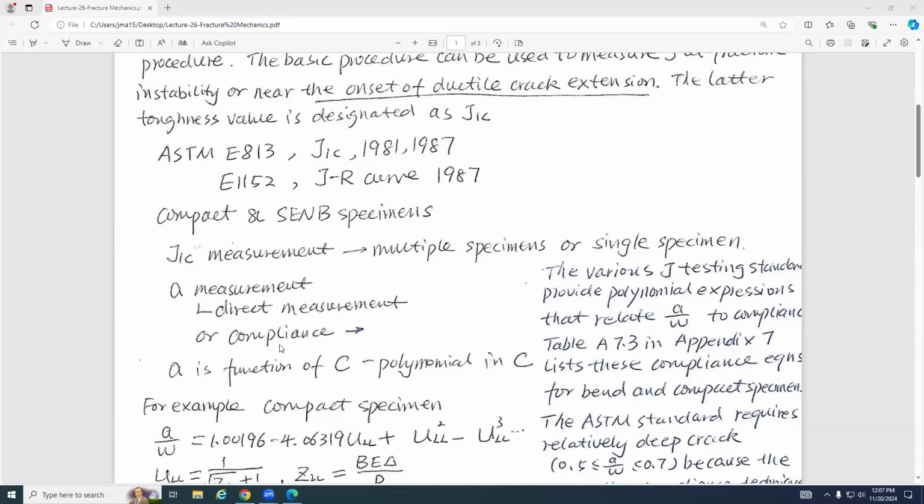We keep doing this, and for each of these unloadings, we will find that the slope, the stiffness, becomes smaller and smaller. That means the compliance C becomes bigger and bigger because compliance and stiffness are reciprocal to each other. Do you guys agree? Compliance and stiffness are reciprocal to each other.